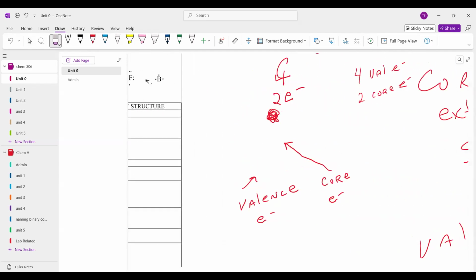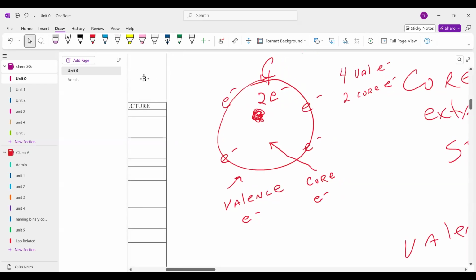So we have 4 electrons running around here. And this is a Bohr representation of the atom, not a quantum mechanical one. Each one of those single electrons is capable of bonding. So we have 4 singletons.